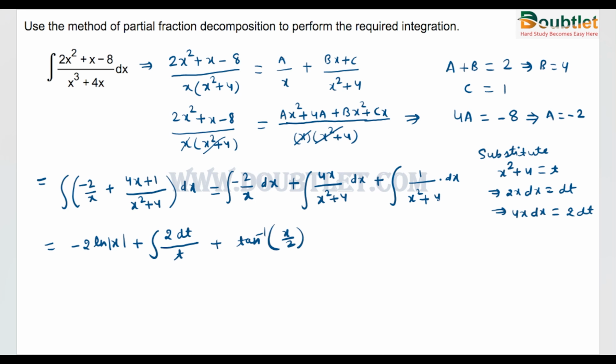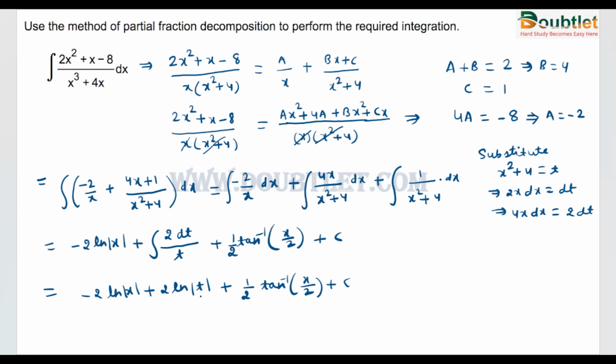The integration of 1 over x square plus a square is 1 upon a times tan inverse x by a, and plus c is the constant of integration. So this will become plus 2 ln mod t plus 1 upon 2 tan inverse x by 2 plus c.